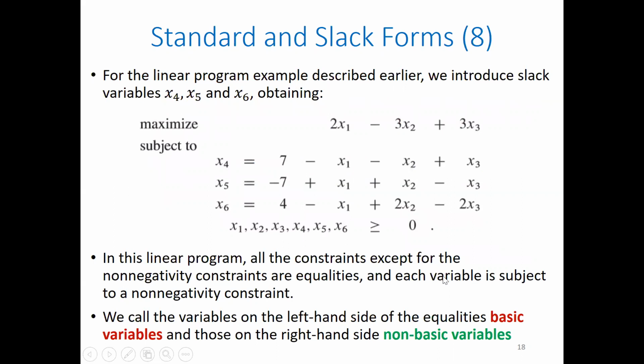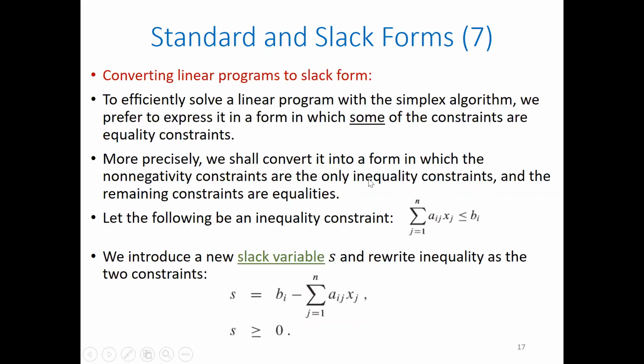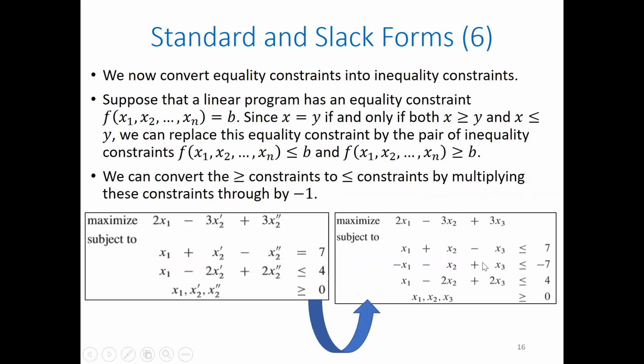Now, given the example that we saw earlier, this is what I did. I've written it in this form. Let's look at the example. Maximize this as such; we do not touch this. Now over here, this is less than or equal to, right? So I move this entire thing from the left-hand side to the right. It becomes 7 minus this thing, and I equate it to some x4.